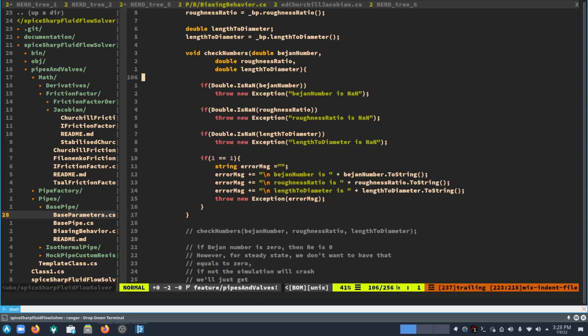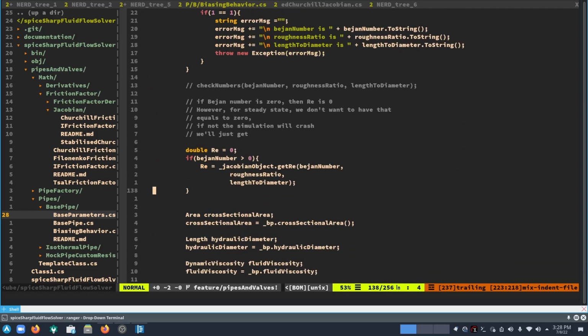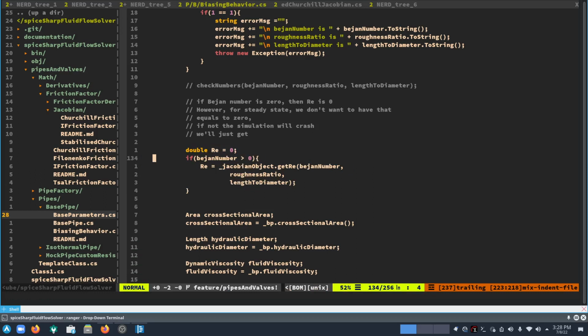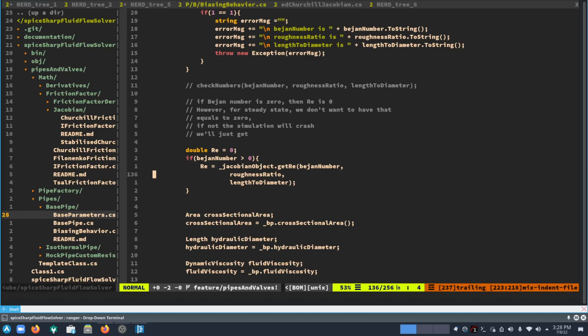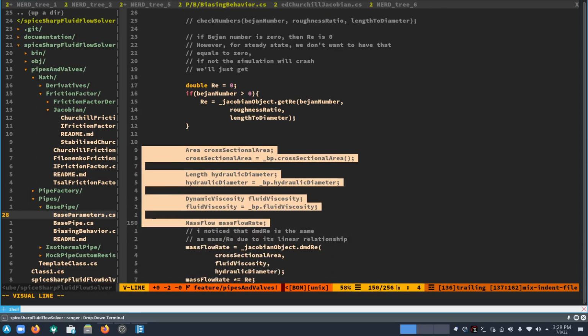Okay, I get the Reynolds number. If the Bejan number is more than 0, then I will get this Reynolds number. Never mind. Let me show you over here where I get all the cross-sectional area and everything else.